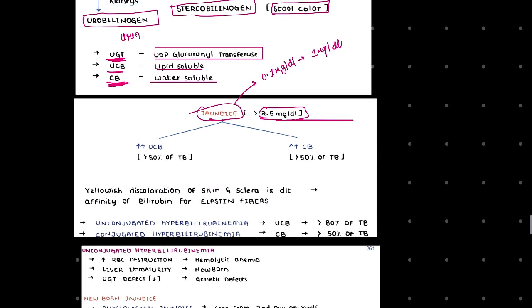Now, we said in jaundice there are two types. We have an increase in unconjugated bilirubin level or an increase in conjugated bilirubin level. So talking about the specific condition, at what point will we say that it is jaundice in which the unconjugated bilirubin level is higher?